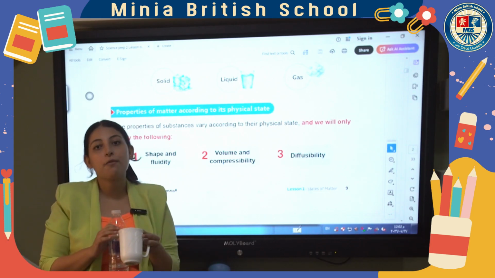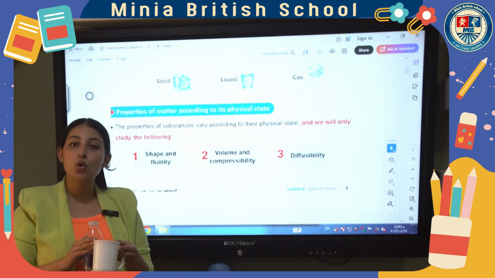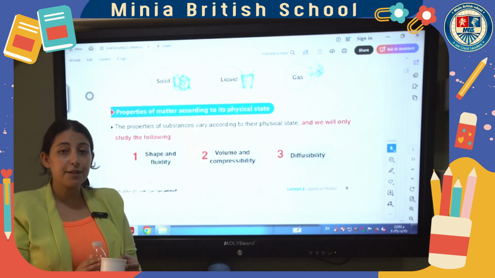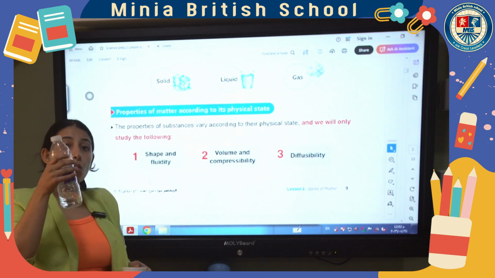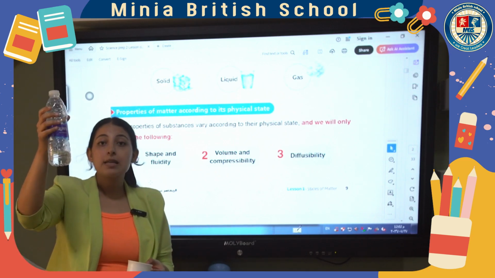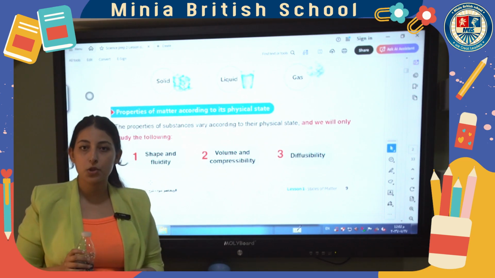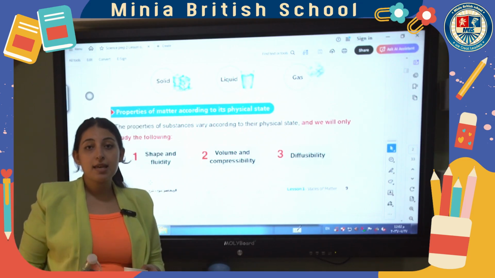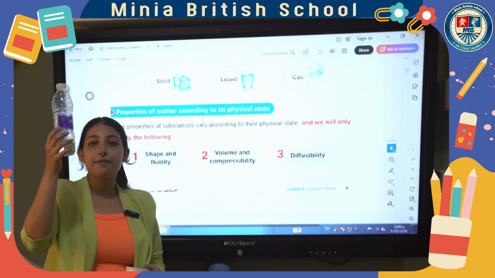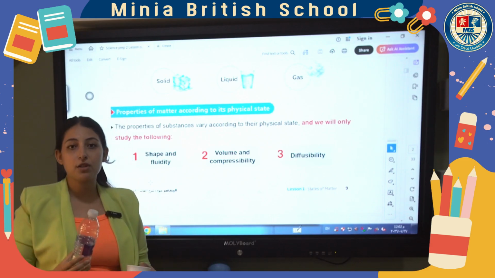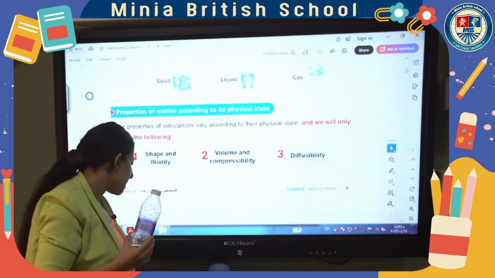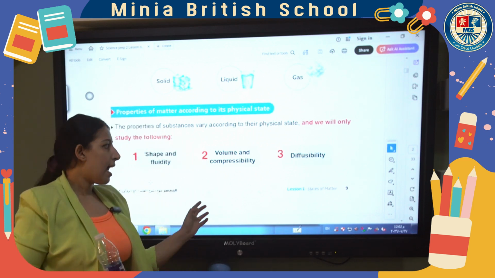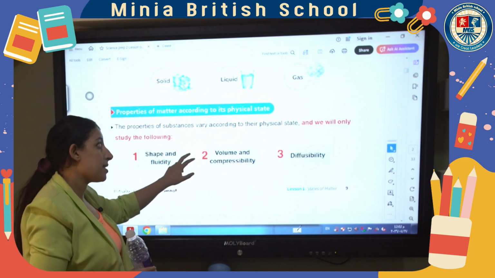They don't take the shape of their container. So solid particles have definite shapes, while liquids or fluids take the shape of their containers. So which one has higher fluidity? Yes, liquids or fluids have higher fluidity than solids. So I can say solids cannot flow easily, unlike liquids and gases.